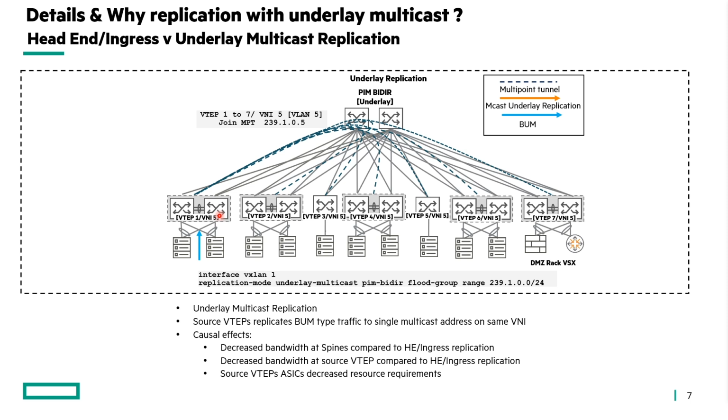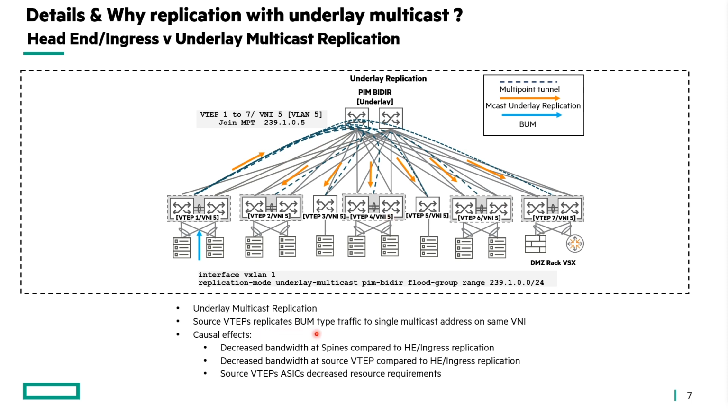However, in this case, it uses the multicast group IP to send the inner BUM packet once to the spine, as shown. The spines then forward to all the interested parties of the multicast group.